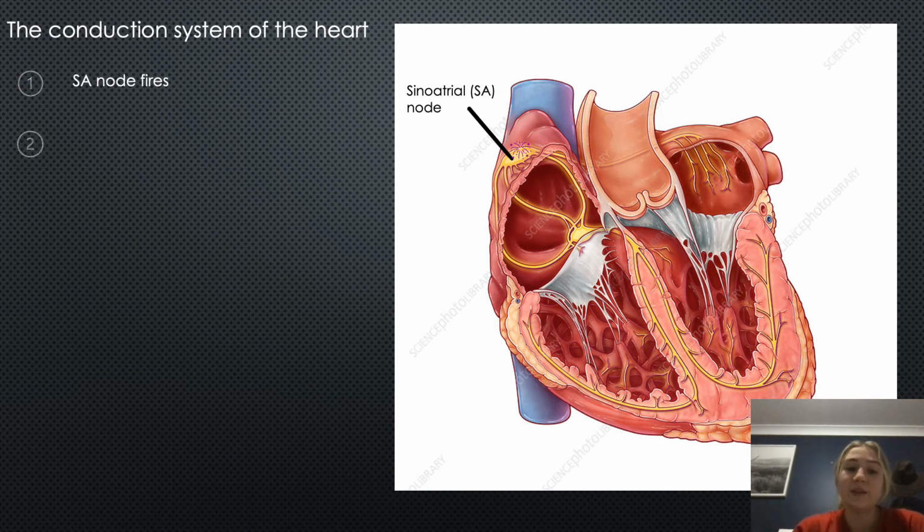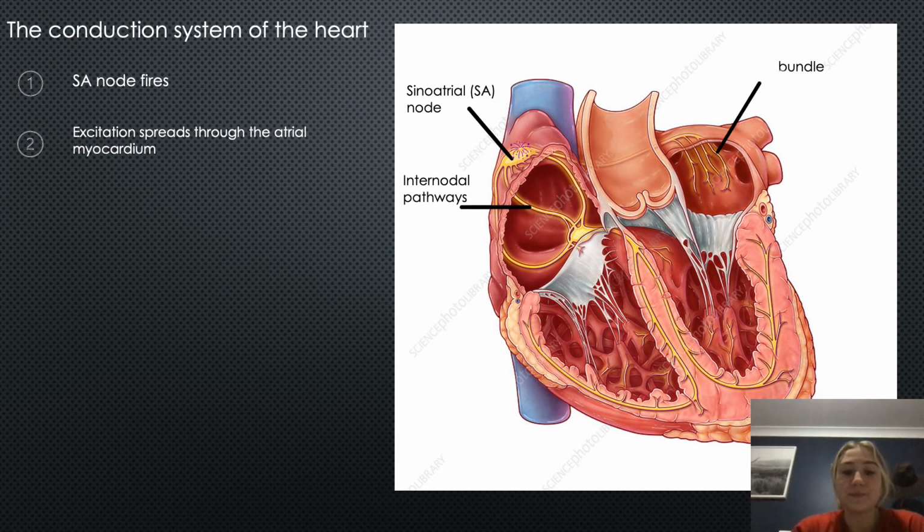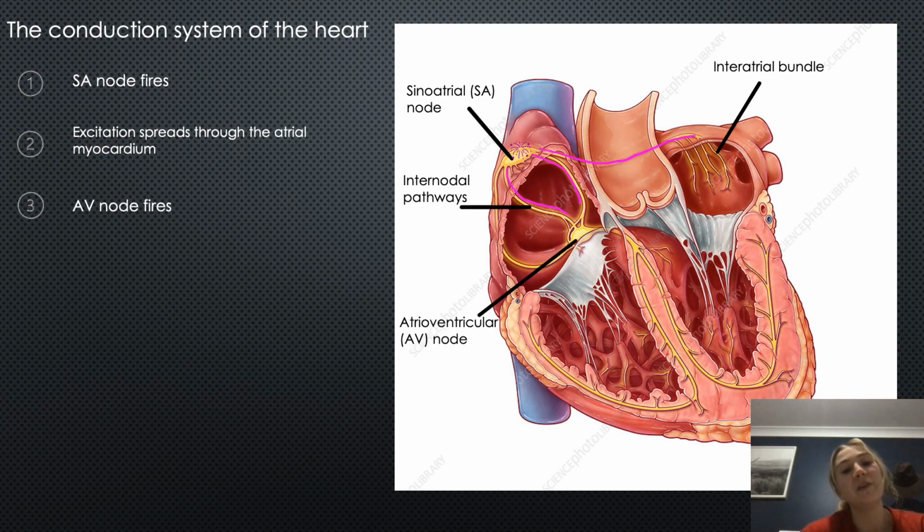The electrical signal created by the SA node travels along the internodal pathways, where it either travels into the left atrium via the interatrial bundle or through the internodal pathways towards the AV node, also known as the atrioventricular node.